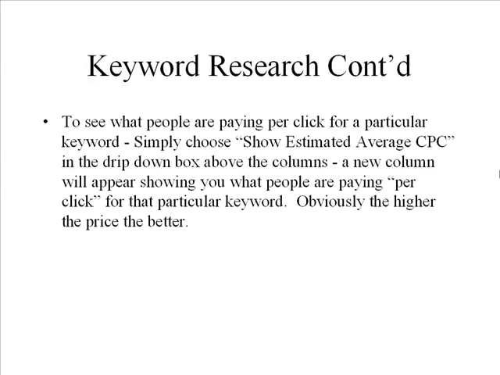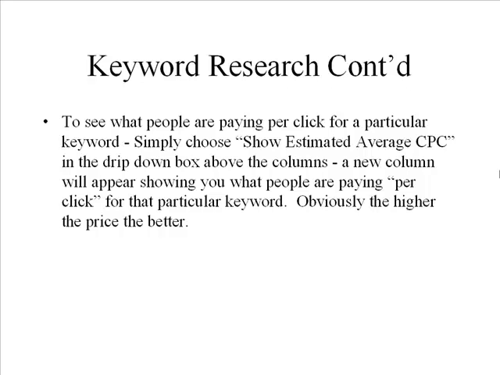Now, if you go back up to where the columns are, just to the right of the middle of the page, there's a little drop down box titled Choose Columns to Display. If you go down to the second selection, titled Show Estimated Average CPC, go ahead and click on that. A new column will appear right after the keyword, and that is the estimated average cost per click for that particular keyword.